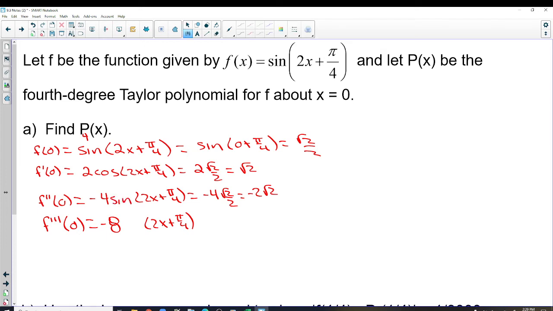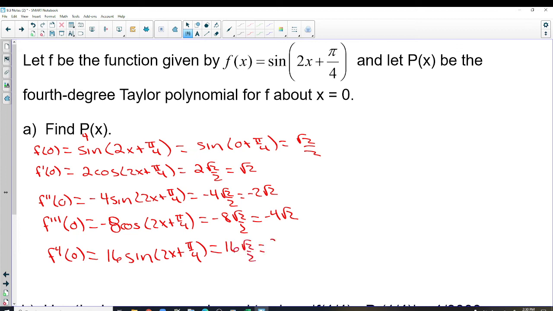Sine here. Let's see, cosine negative and cosine. There it is. And that's negative 8 square root of 2 over 2 when we plug 0 in. So negative 4 square root of 2. And one more. Fourth derivative, 16 sine of 2x plus pi over 4. So 16 square root of 2 over 2, 8 square root of 2. Yikes. A lot of tedious work for this.